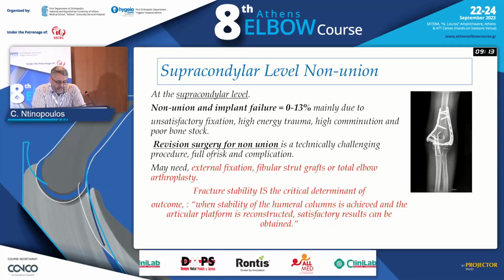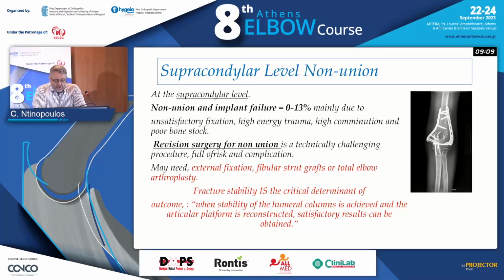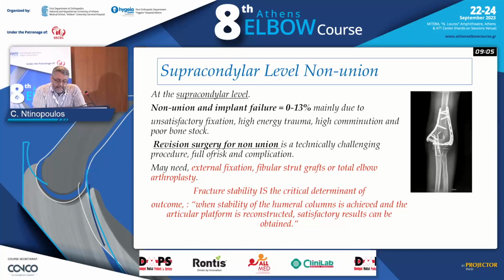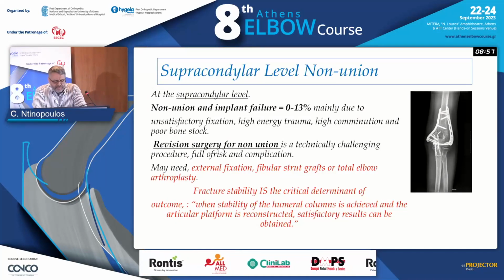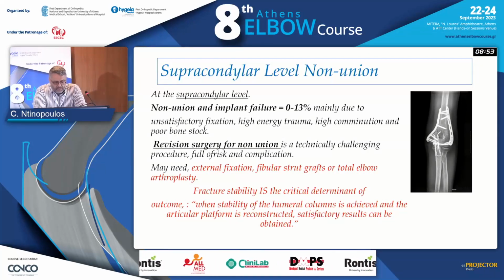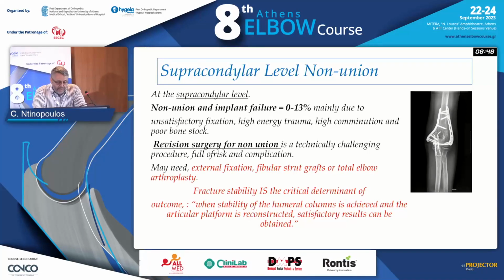Usually this is a high-energy trauma, with possibly poor bone stock if the age is older. Revision for such a non-union is technically challenging and full of risks and complications. We may need external fixation, fibular strut grafts for column reconstruction, or total elbow arthroplasty.